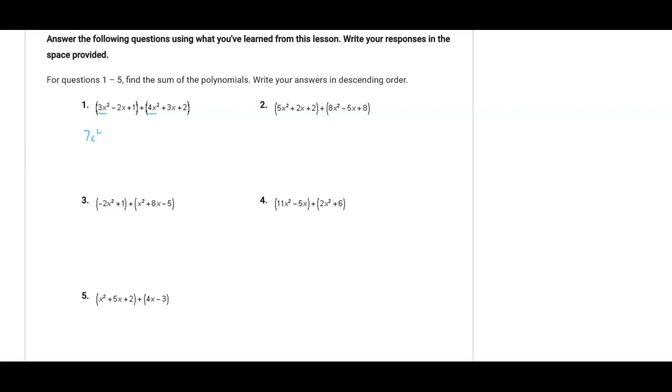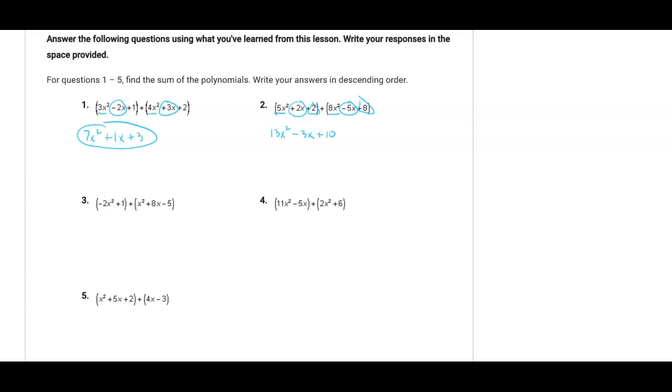Negative 2x plus 3x, right, is going to give me plus 1x, and then 1 plus 2 would be 3, and nothing else can be combined there. All right, next, 5x squared plus 8x squared is 13x squared. 2x minus 5x is minus 3x. And then 2 plus 8 would be plus 10.